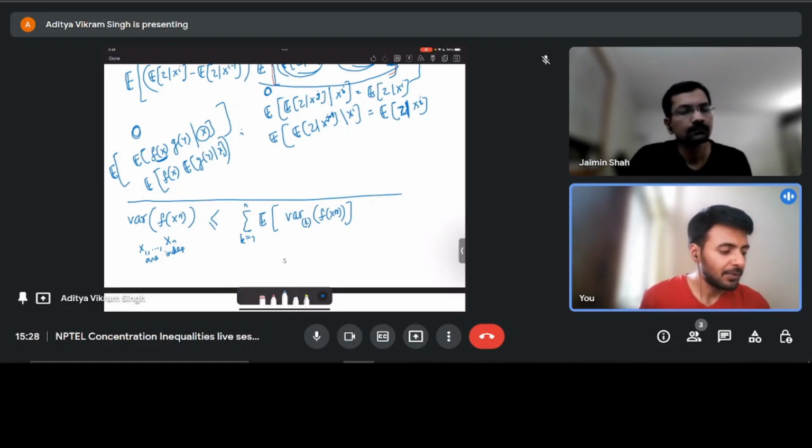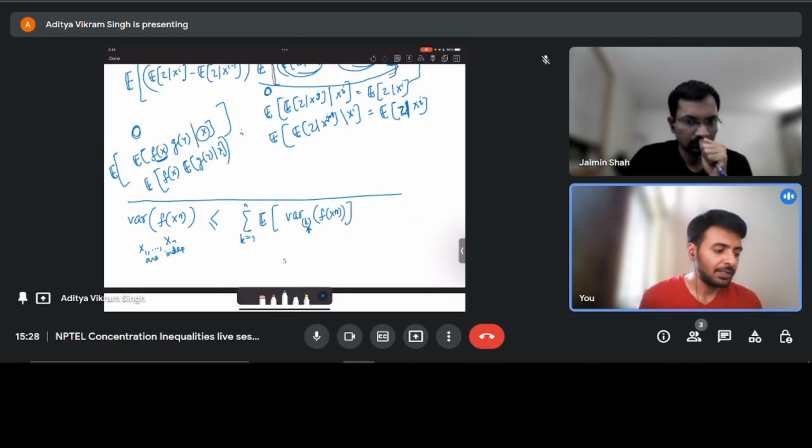What this means is just fix everything else except the kth variable, and then measure the variance with respect to that. So you have x1 to xn, and somewhere xk. Leave this variable, fix everything else, and you can fix it to different values. That is why we have this expectation outside. For one value, suppose x1 is 1 and xn is 2, you're leaving xk as a variable.